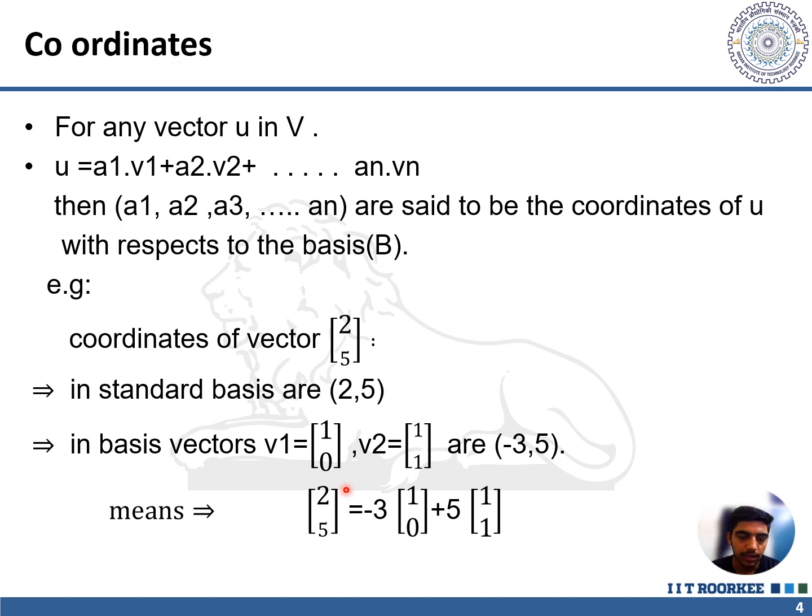So here you can see that if we change the basis, we obtain different coordinates, but the vector u is fixed. We are not changing the vector at all, we are changing the basis. So if we change the basis and u is fixed, obviously the coordinates will also change. So that was a little about coordinates.